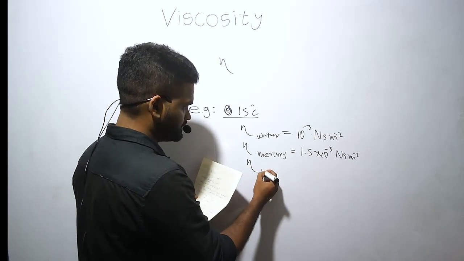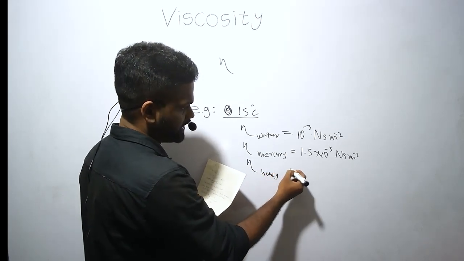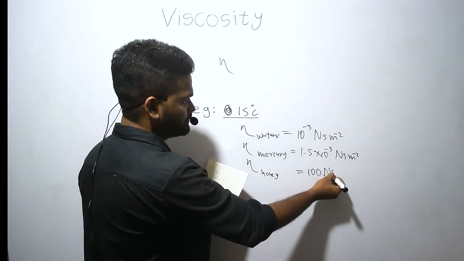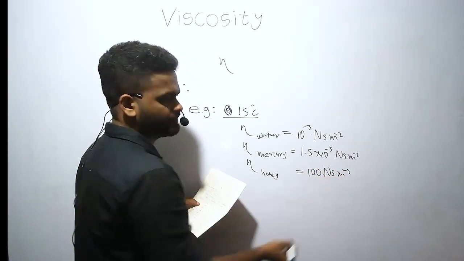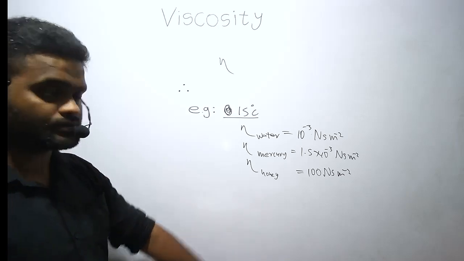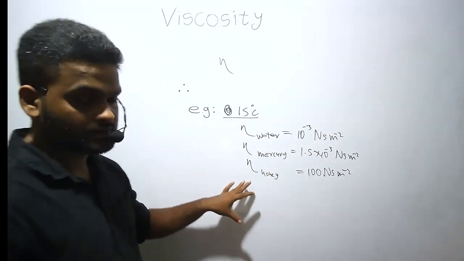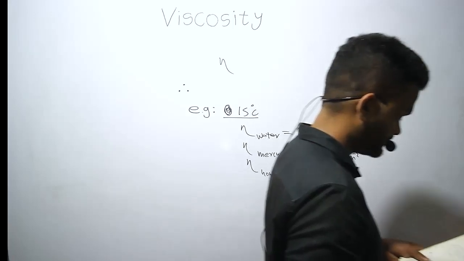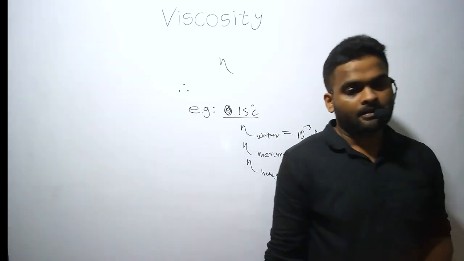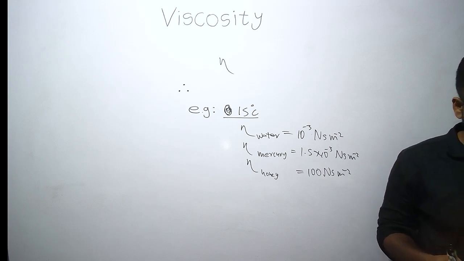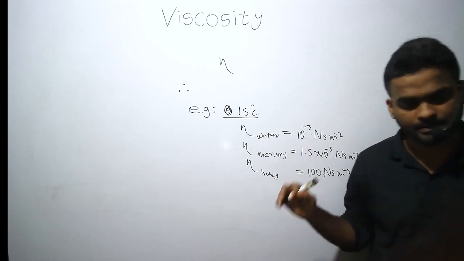Then eta honey, 100 newton second per square meter. So these are the viscous coefficients of a few liquids. Take this down. Done, right?